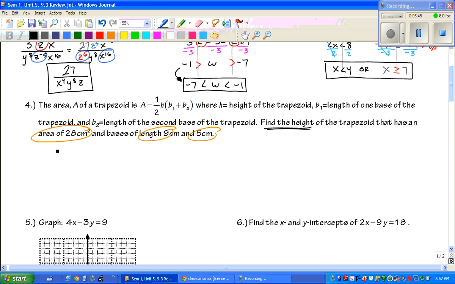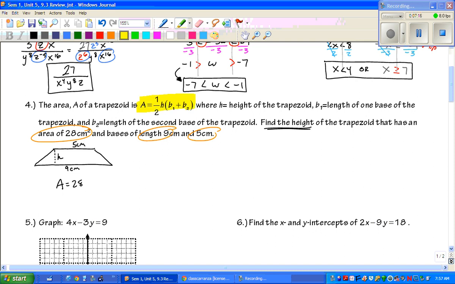What I like to do is draw a little picture of a trapezoid so I know what we're looking at. There's our height. It's telling us the area is 28, and the bases are 5 cm and 9 cm. Okay, so that's the picture we're dealing with.